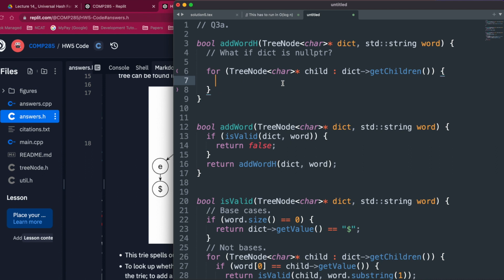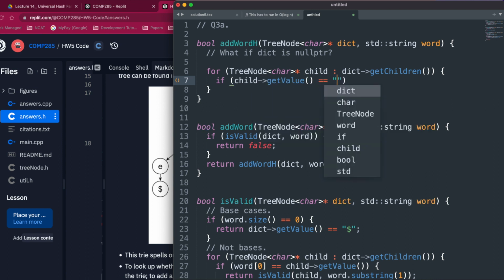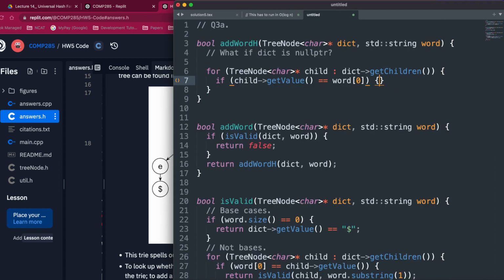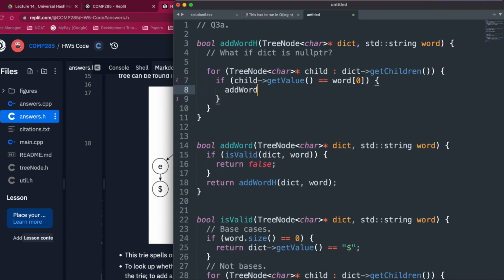We get the child. And basically what we're looking to see is if the child's value is equal to word 0. So if it's the beginning of our words, for example, ace, or let's say act didn't exist and we're trying to add act, or all these words exist and we're trying to add aced, then if it does already exist, we want to recurse and add the word to that child, but only the smaller word.